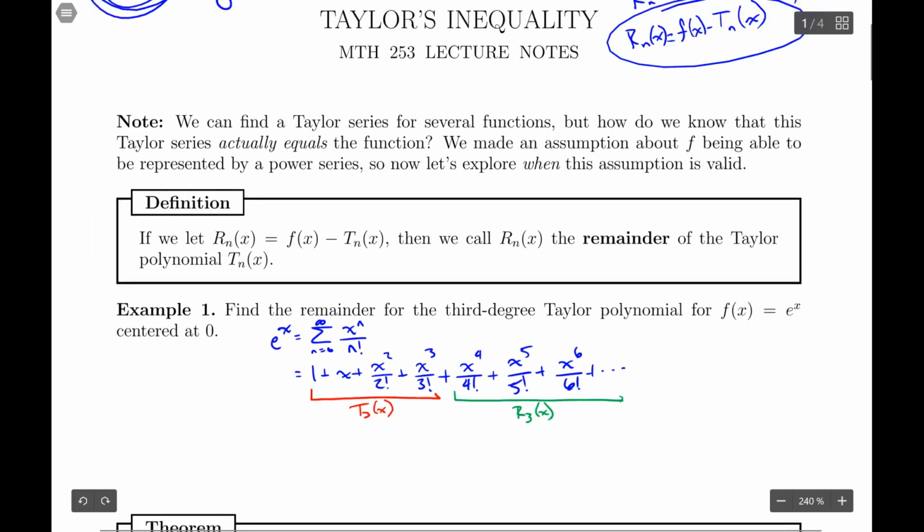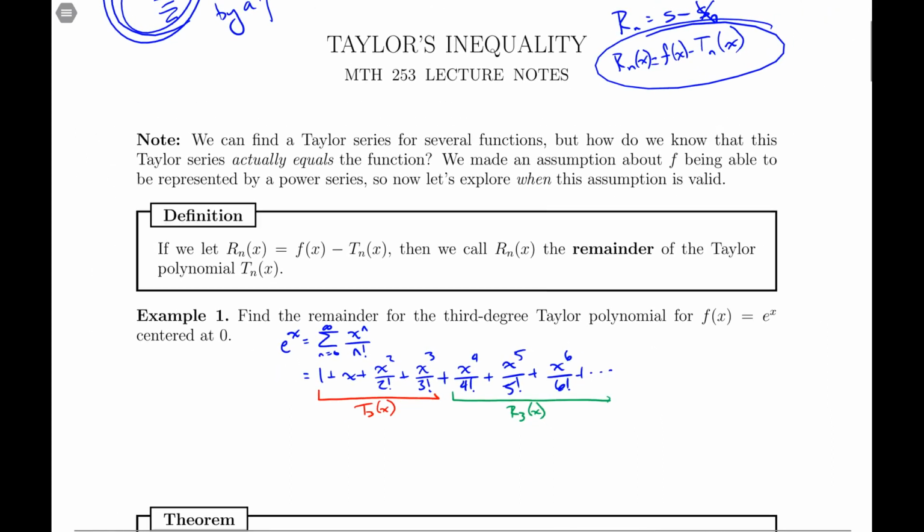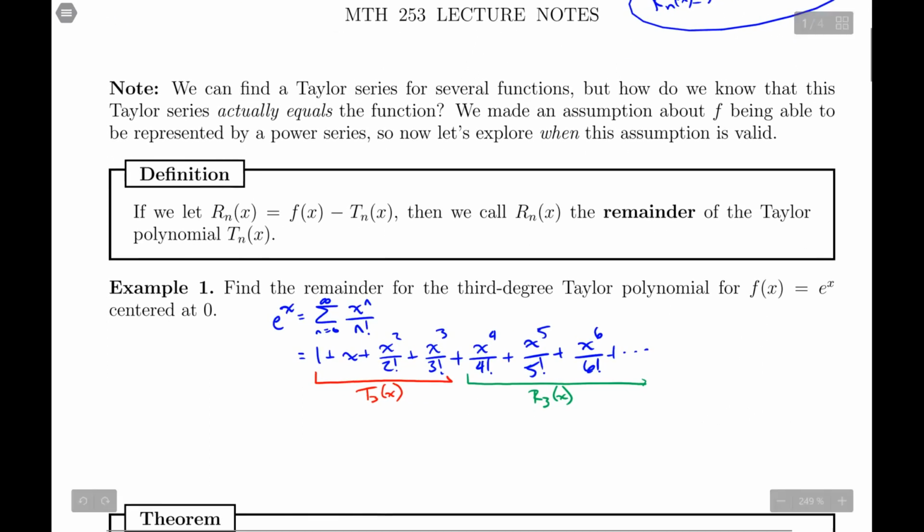Anytime you have a sum, then what we are finding is that our sum is equivalent to our approximation in addition to our remainder. So, the remainder for the third degree polynomial for f of x centered at 0, where f of x is e to the x, is R sub 3, which is x to the 4th over 4 factorial, plus x to the 5th over 5 factorial, plus x to the 6th over 6 factorial, etc.